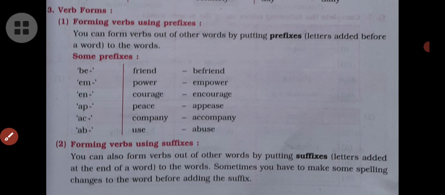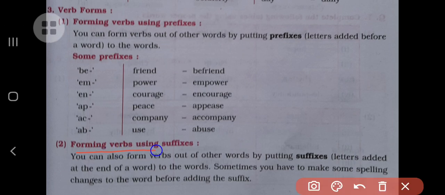Now let us see the second way of word formation, particularly verb formation. You can also form verbs out of other words by adding suffixes. Suffixes means letters added at the end of the word.